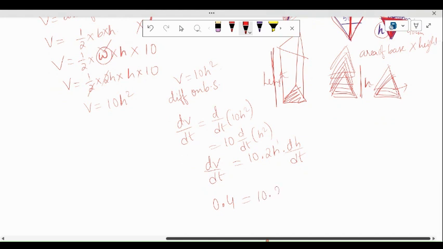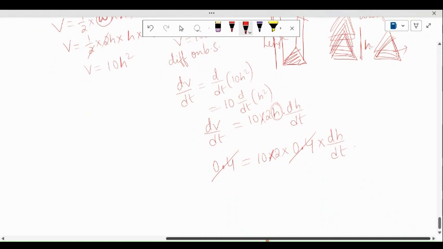And 10 into 2 into height. We have to take the initial height. So what will the initial height be? That is 40 centimeters, right? 40 centimeters converted to meters is 0.4. So 0.5 equals 10 into 2 into 0.4 into dH by dt. So 0.4 on both sides gets cancelled.